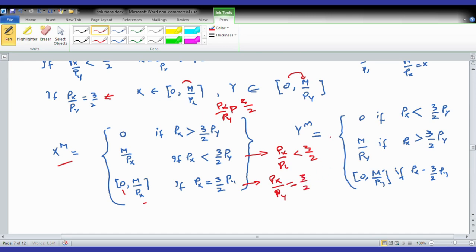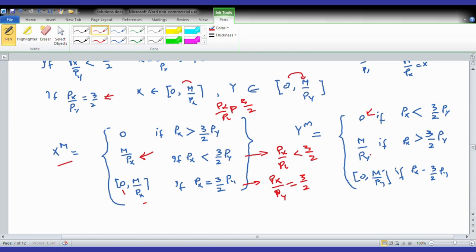And similarly for y. I have written that px is less than 3 over 2 py, because whenever px is less than 3 over 2 py, you are spending all of your income on consumption of good x. So this means consumption of good y should be equal to 0.